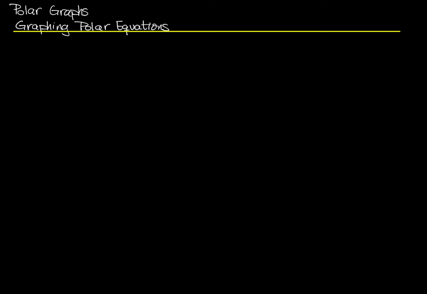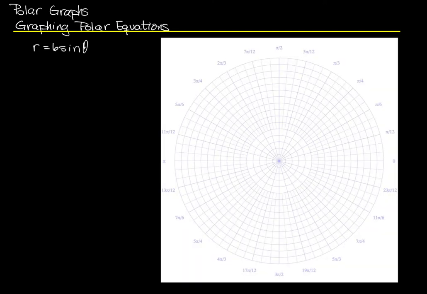So I'm going to start by graphing r equals 6 sine theta in polar form. So I'm going to need my polar graph paper to do that. So here's some polar graph paper. And before I begin, I also want to set a scale. Last time I let this mark here be 1. But I know from experience that's not going to be big enough this time.